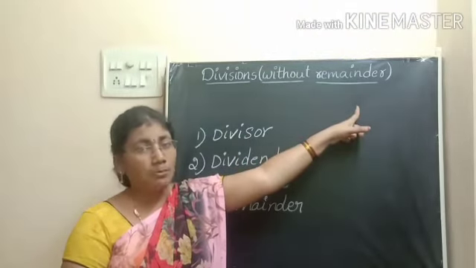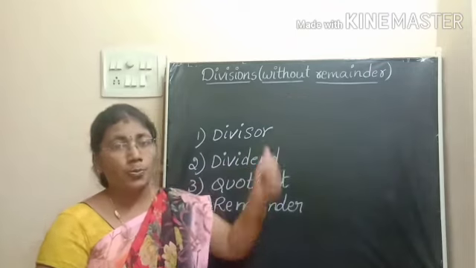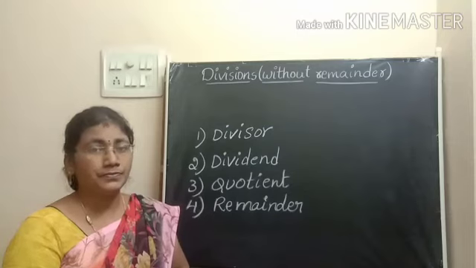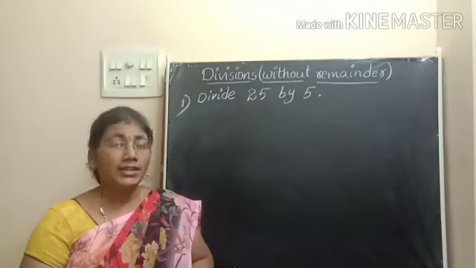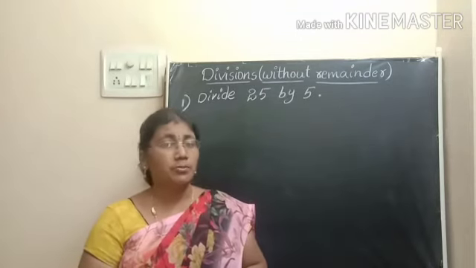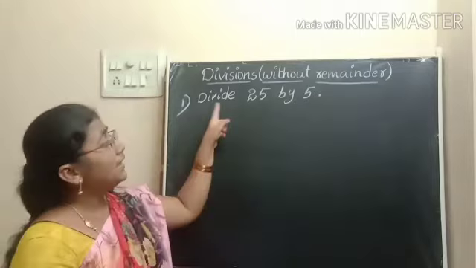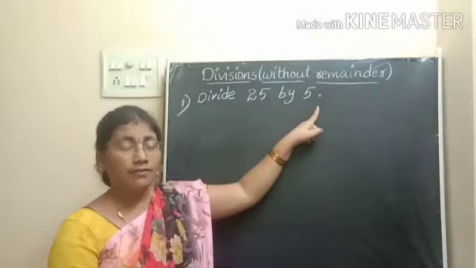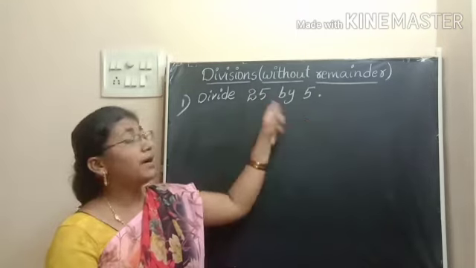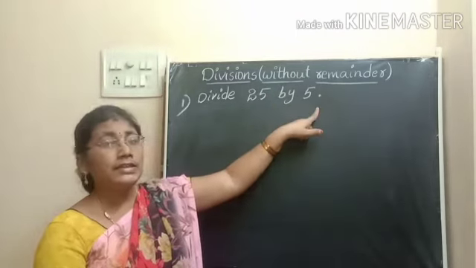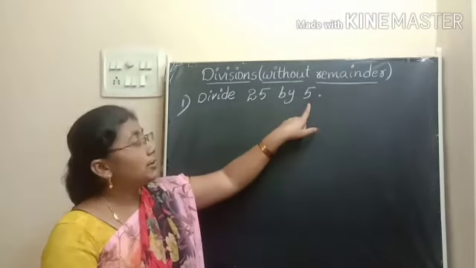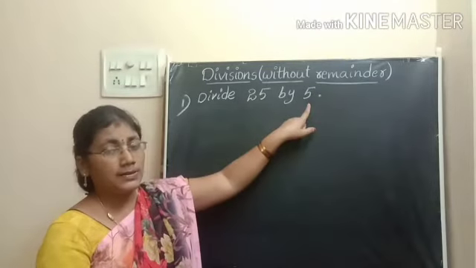Let us see the operation by taking some examples. The first example is divide 25 by 5. Here the dividend is 25 and 5 is the divisor.